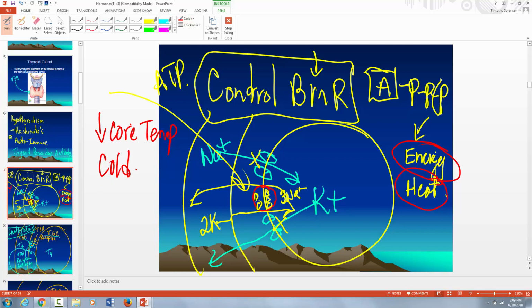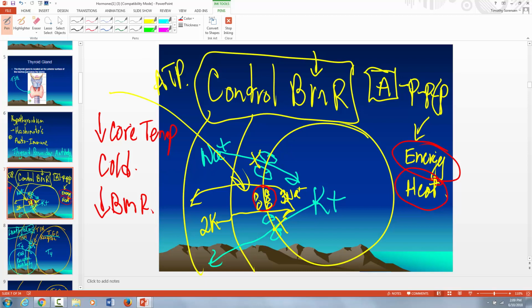Okay. Now, because of the drop in basal metabolic rate. Now look, where do you get the energy to make the ATP to make your pump work? You eat food.